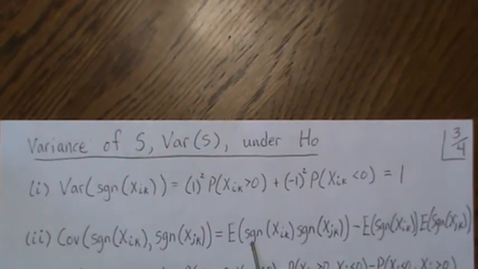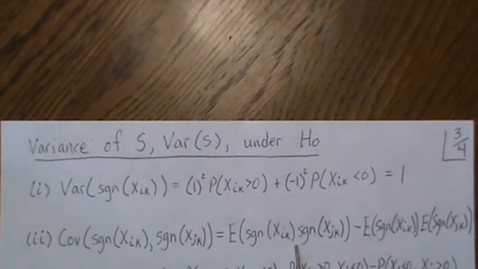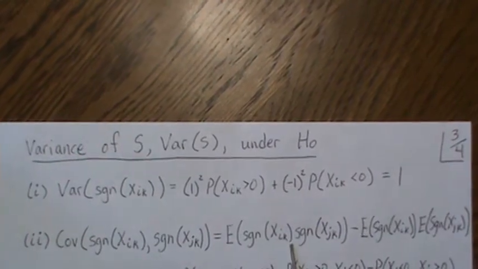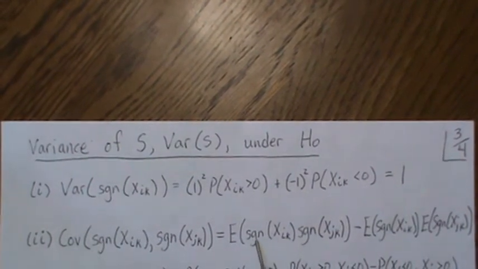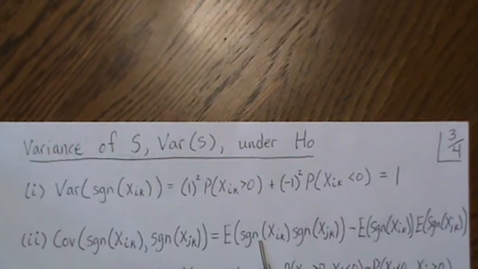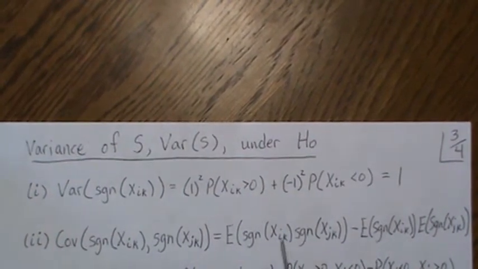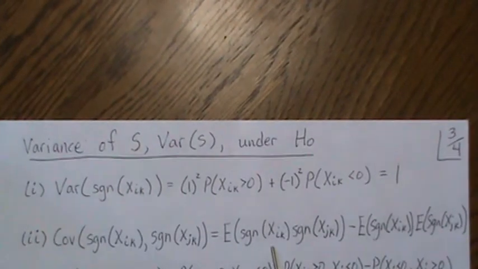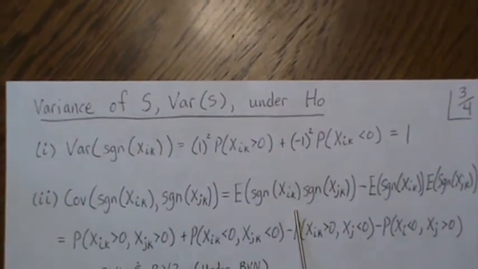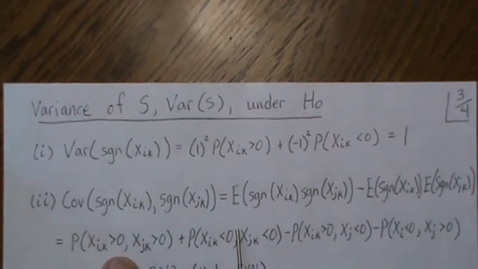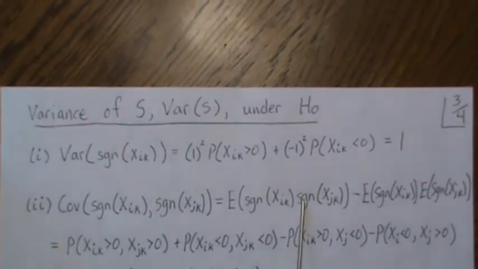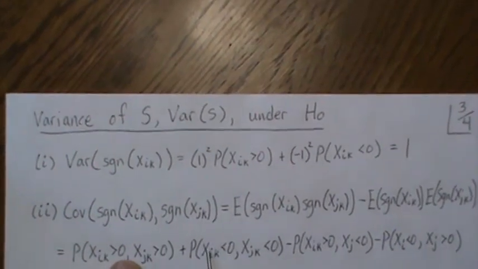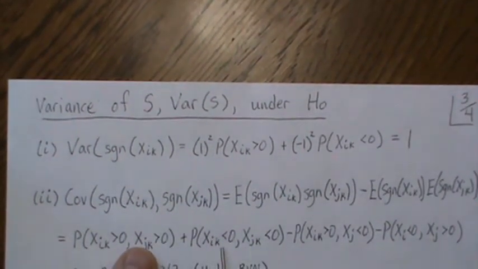And when we look at the expected value, remember it's what value it can assume times the probability of assuming that value. So each individual sine function is either 1, 0, or -1. And so the product of those is either 1, 0, or -1, but the probability of assuming those is a little bit different. So here, the first, it could be a 1, so 1 times the probability of assuming a 1, which is they're either both positive or they're both negative.